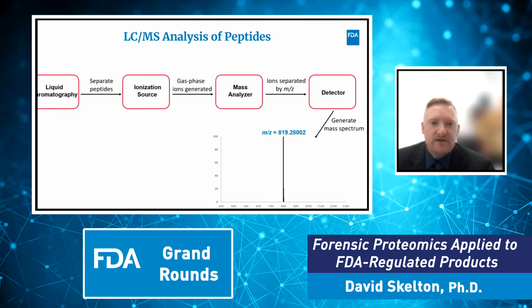So in this example here, we have a peptide with a mass to charge ratio of 819.28002. And as we stated, it's the unique amino acid sequence that we want to ascertain from this information.